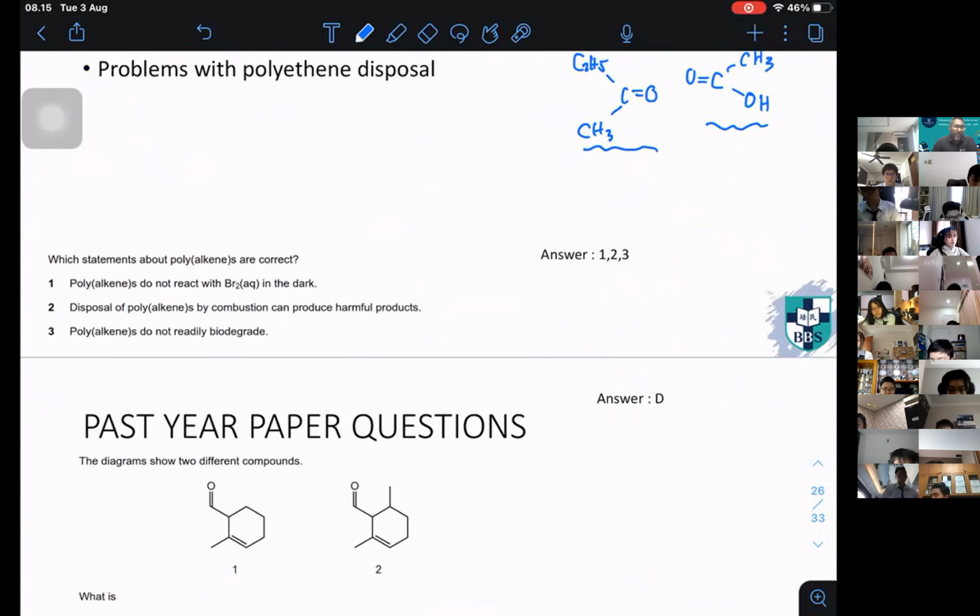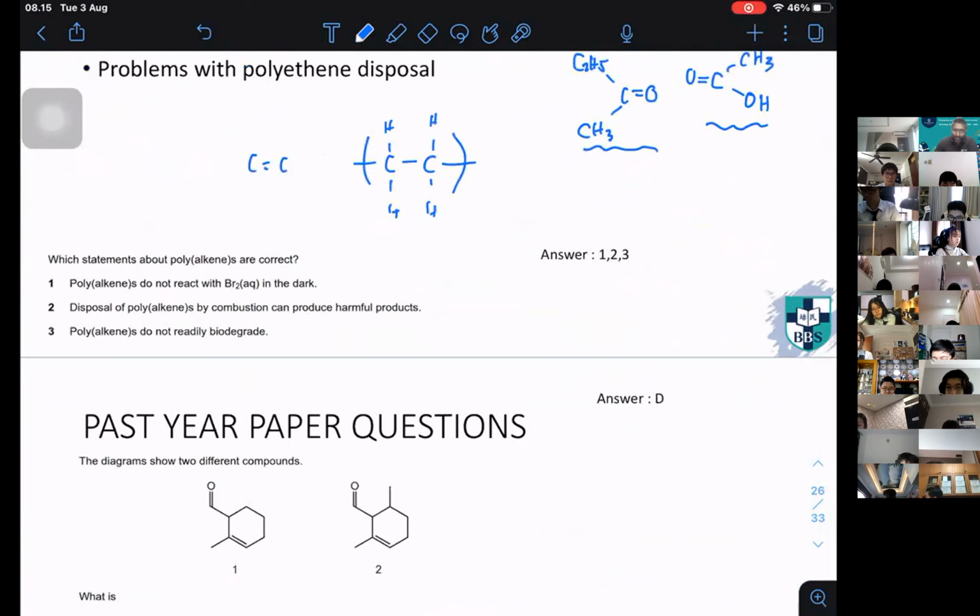So here, which statements about polyalkene are correct? If you have this alkene, what will happen? The double bond is broken, so you are going to have H, for example, and then you are going to have this as a polymer.